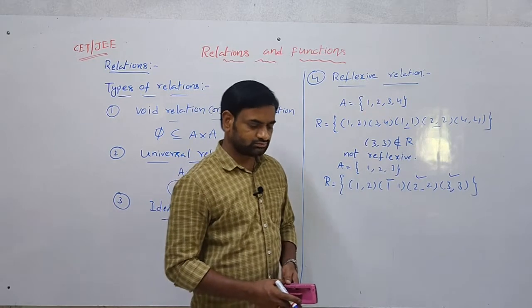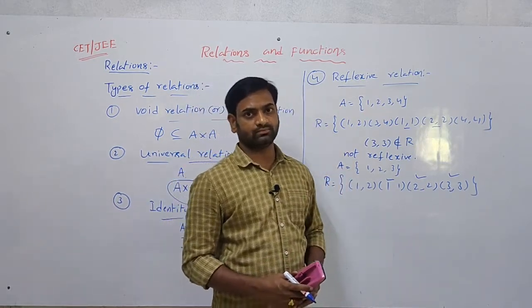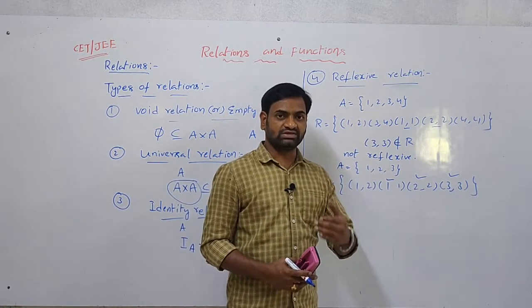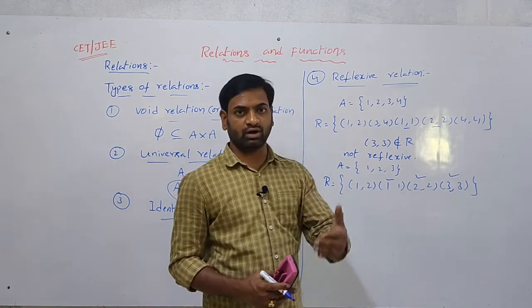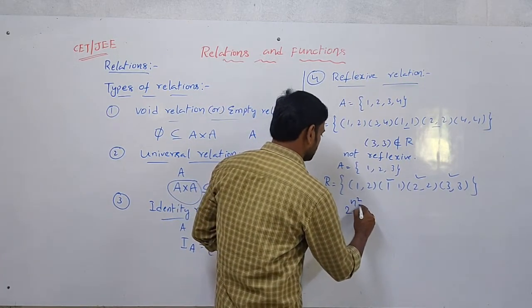Now, how many reflexive relations can we form from A to B? That is 2 power (n square minus n).